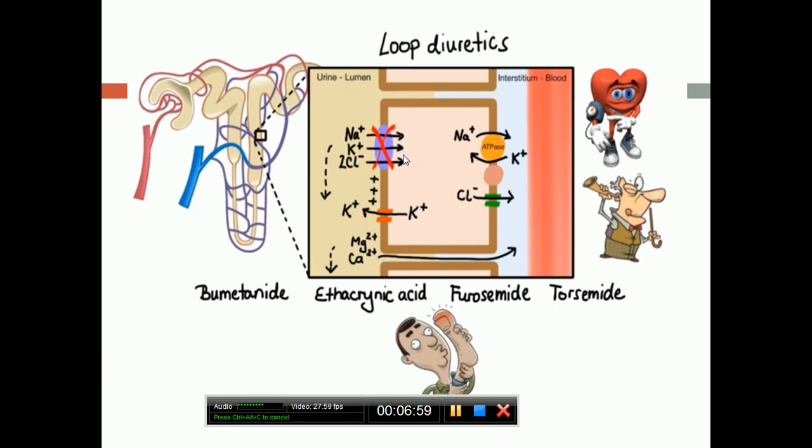Transporter, so symporter if all the ions are being transported towards one side, either from this side to this side or from this side to this side. All the ions are being transported in the same direction. So this transporter is called a symporter, and the transport itself is called symport.